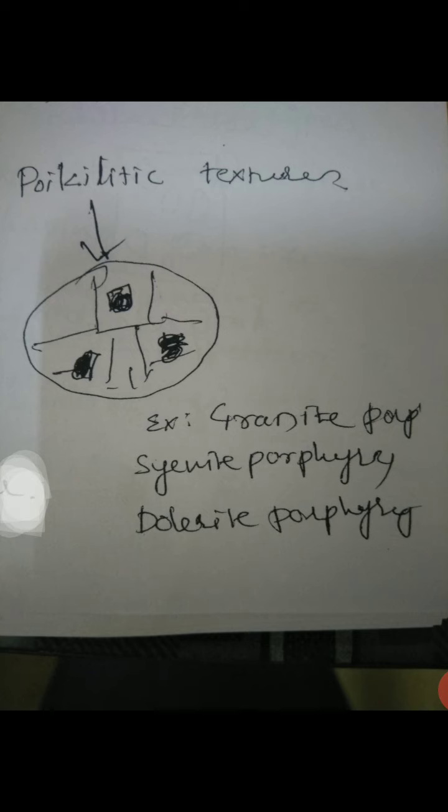There are five categories. One is equigranular, second is inequigranular, third is intergrowth, fourth is directive or trachytic, and fifth is vesicular texture. Let us start with the equigranular texture.